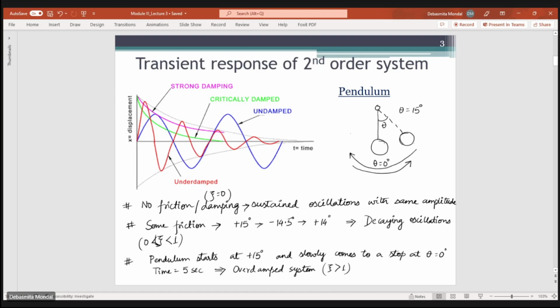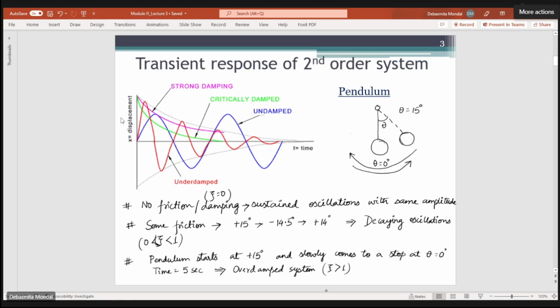Now, critically damped is basically a category of overdamped system. The definition of critically damped is that if the time taken by this pendulum to reach here in one case is 5 seconds, and the minimum time the pendulum takes to reach here is, let's say, 1 second, then that condition is known as the critically damped condition.